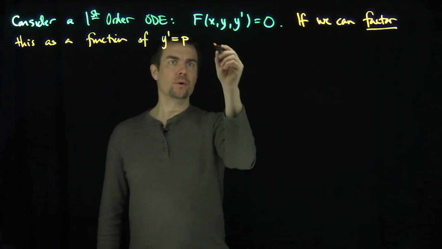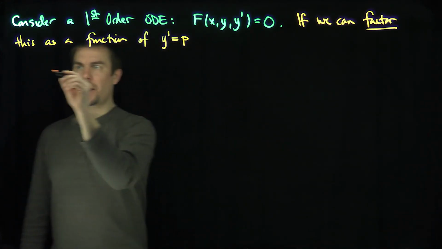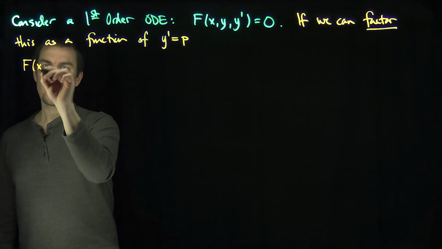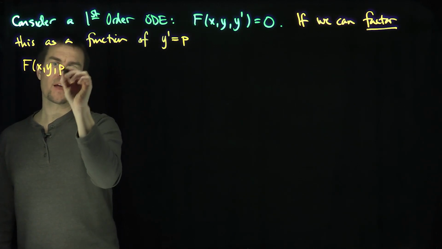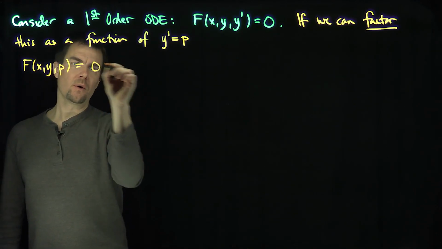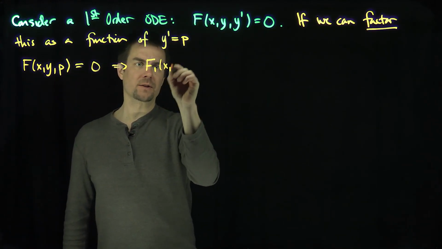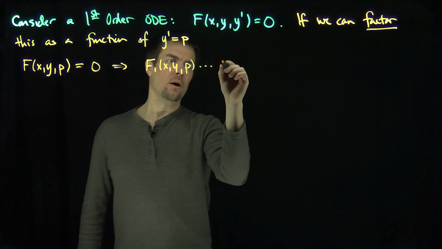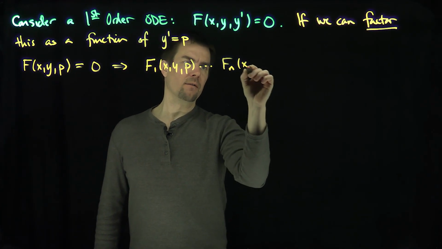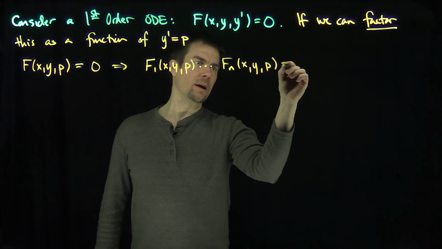So our f of x, y, y prime, I'm calling that p, equals 0, can be factored in some sense into f1 of x, y, p, all the way down to fn of x, y, p equals 0.